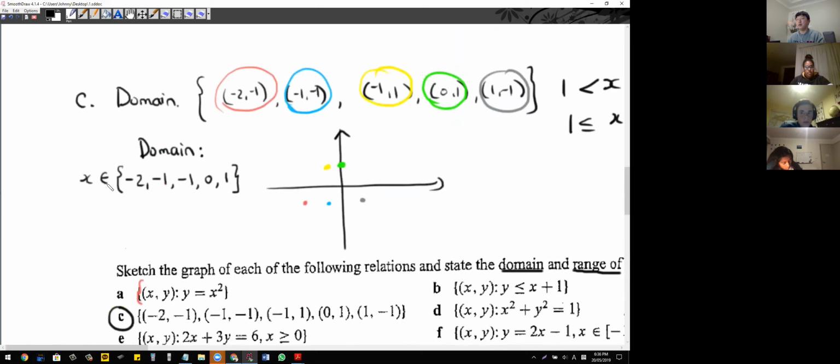So x is an element of the set containing -2, -1, -1, 0, and 1. Now, let me give you a question. Because there's -1, -1, should we just write -1 once or twice? I want you to go for true or false. If you think this is right, go for false, right?